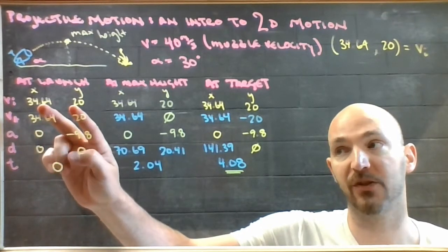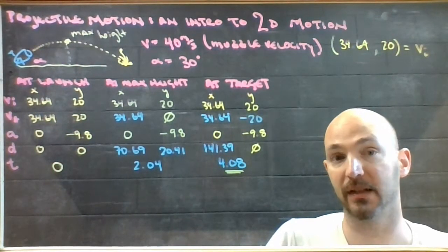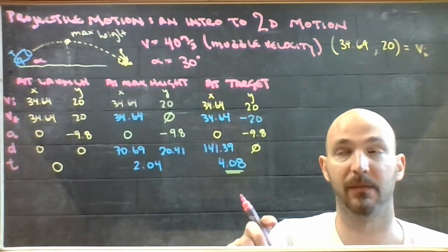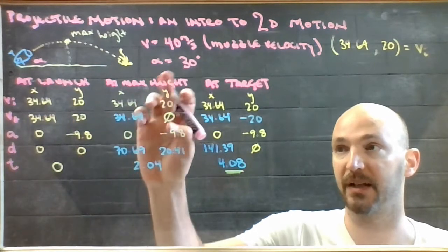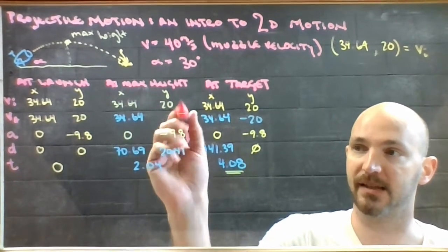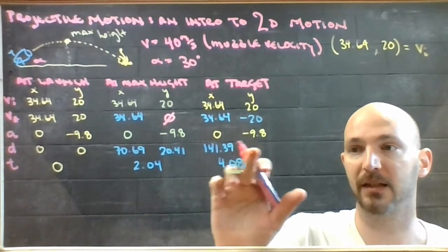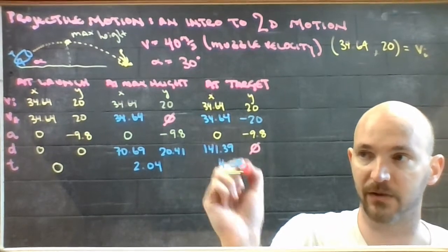I got my initial speed from breaking my muzzle velocity into components. And then I just track through some things that are true at different places. For example, the final speed at maximum height is 0. And that the vertical position at the target will be 0 again.